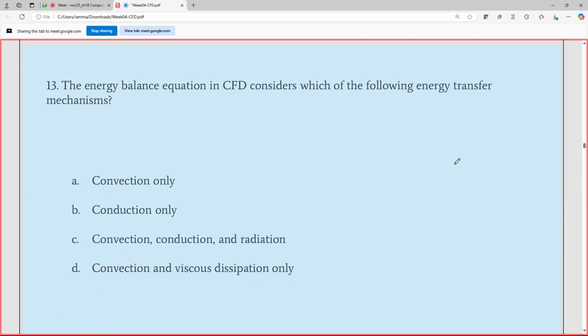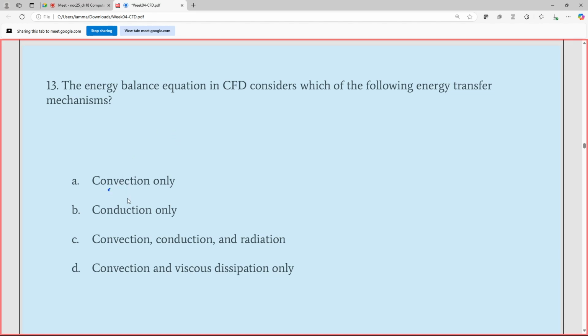Moving on to next question. The energy balance equation in CFD considers which of the following energy transfer mechanisms? So the question is on what are the energy transfer mechanisms considered in energy balance equation of CFD.